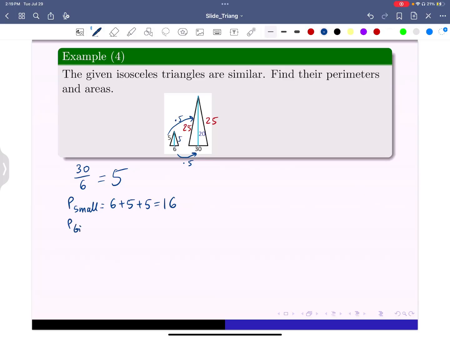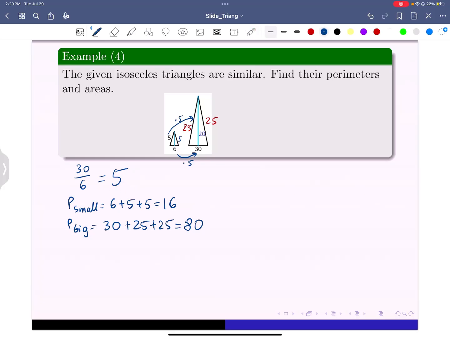The big perimeter would be 30 plus 25 plus 25, which is equal to 80. Notice that 16 times 5 would be 80 as well. Perimeter we multiply by the same multiplication factor, 5.